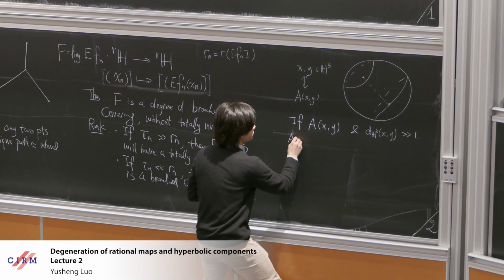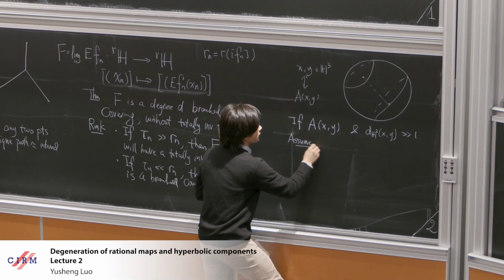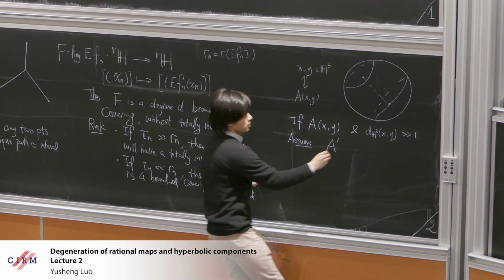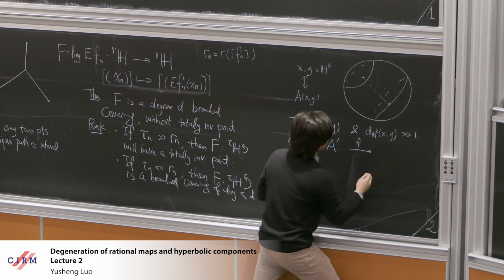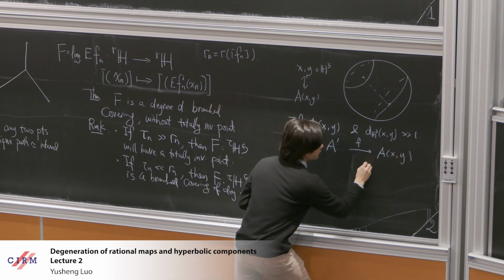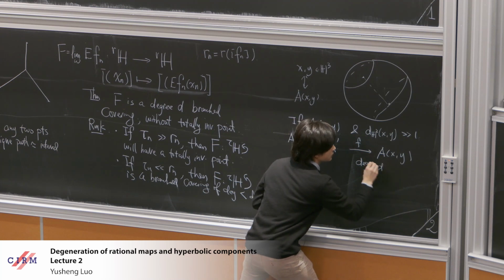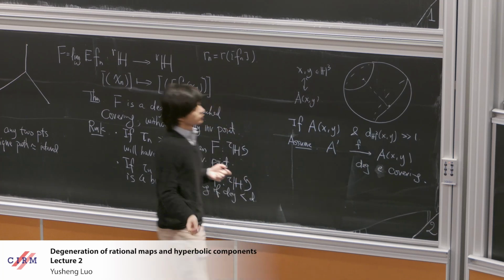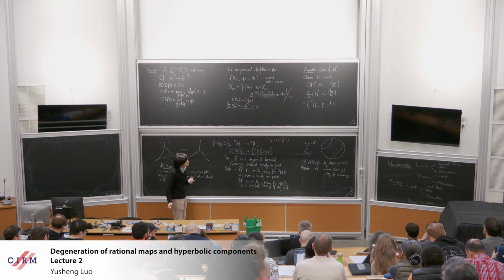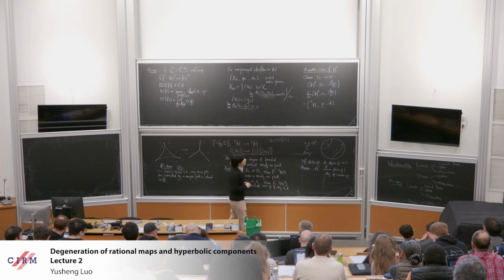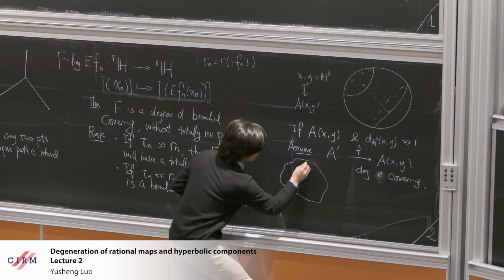So we assume that we have another annulus A prime which is mapped to A of xy by a degree d covering. Since this A prime is the preimage of an annulus under a rational map, this may not be a round annulus anymore, but it might look something like this.